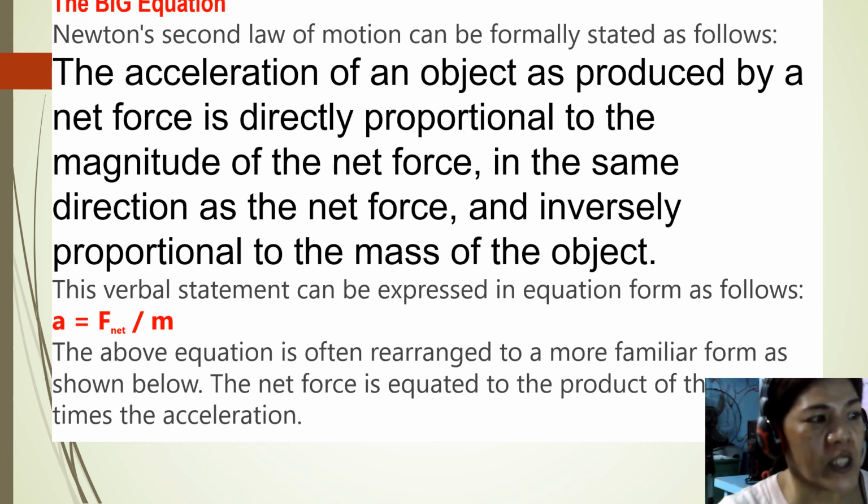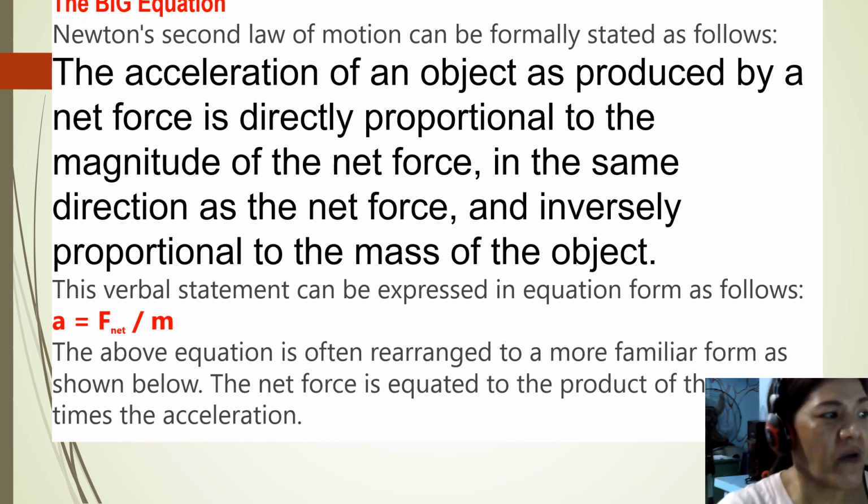So always try to remember that the acceleration of an object depends on the net force that you are going to apply. This verbal statement can be expressed in equation form as follows.